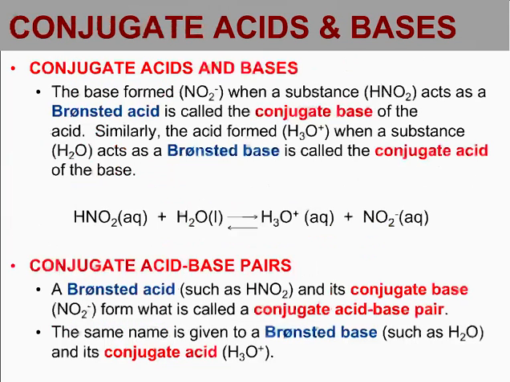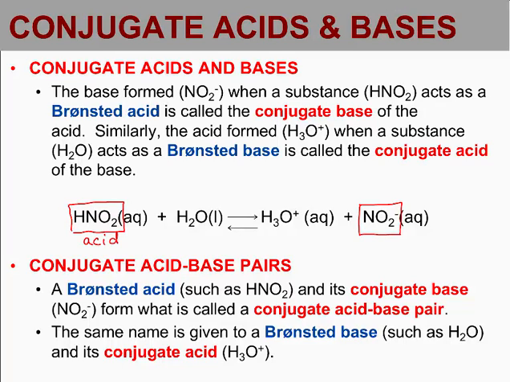All right, so we just saw how an acid and a base can react with each other, but let's talk a little bit more about the products. So we saw that HNO2 lost a proton, or donated a proton, and became NO2-. So we just said that HNO2 is an acid, but when it turns into NO2-, it becomes basic.